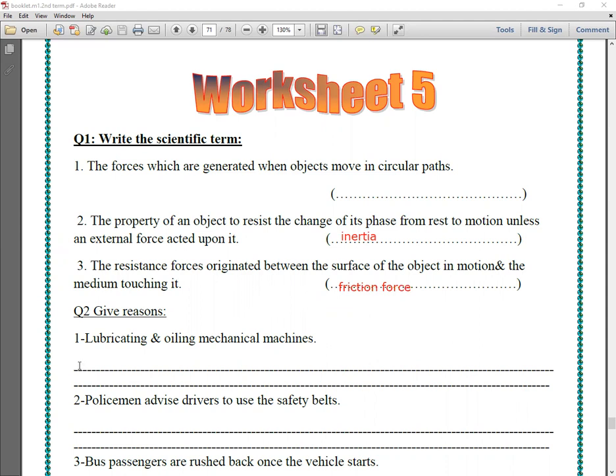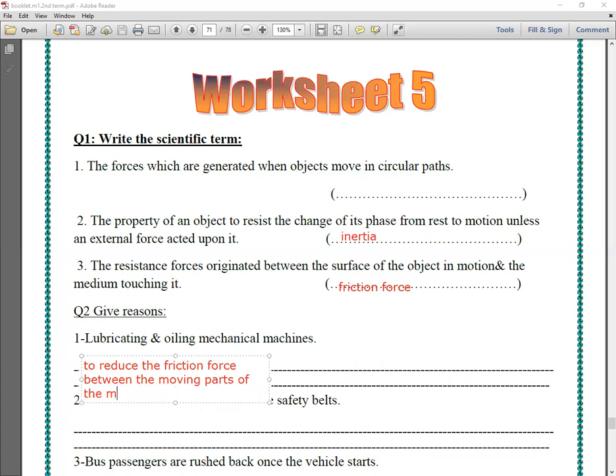To reduce the friction force between the moving parts of the machines and prevent their erosion or damage between the moving parts of the machine, to prevent it from erosion.